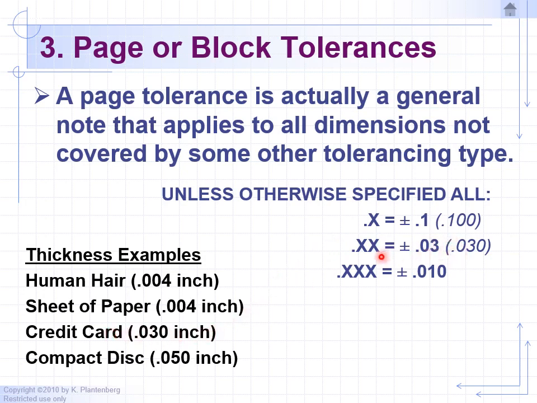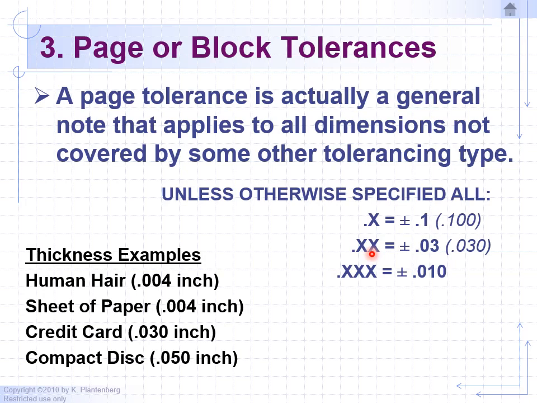So your tolerance or your wiggle room is a lot tighter. You're giving them less wiggle room. And 2 decimal places is the most common dimension you'll see. So when you're creating a drawing and you start throwing in dimensions and you don't know how many decimal places to start with, always start with 2 decimal places.